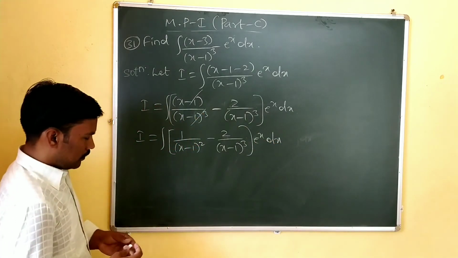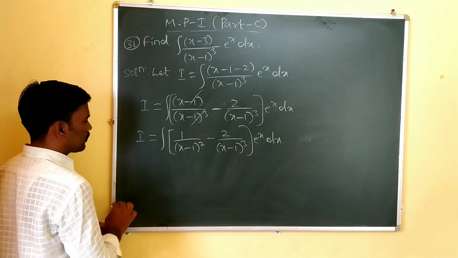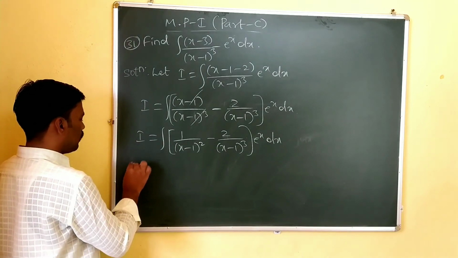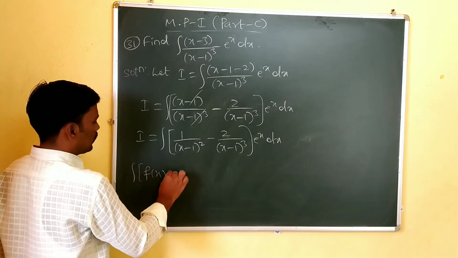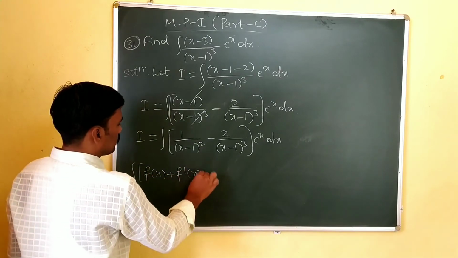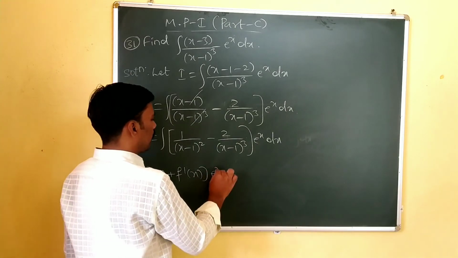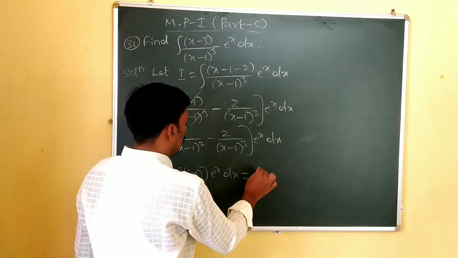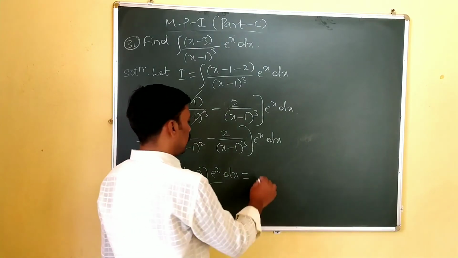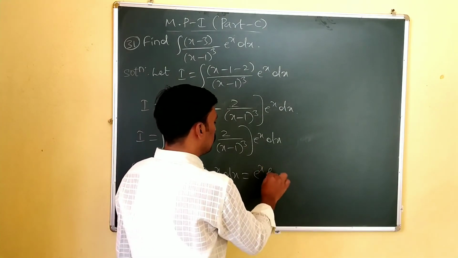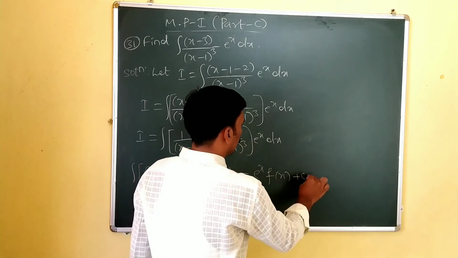And we know that it is of the form integration of f of x plus f dash of x into e to the power of x, and its integral will be e to the power of x into f of x plus c.